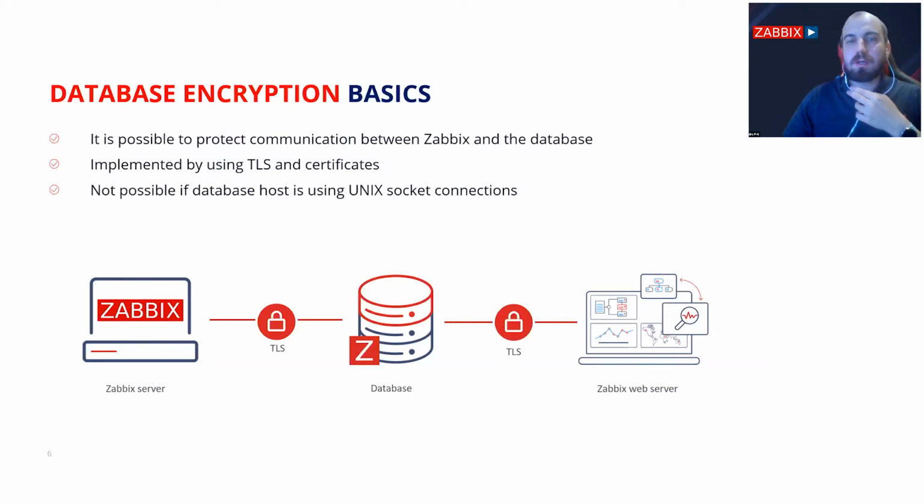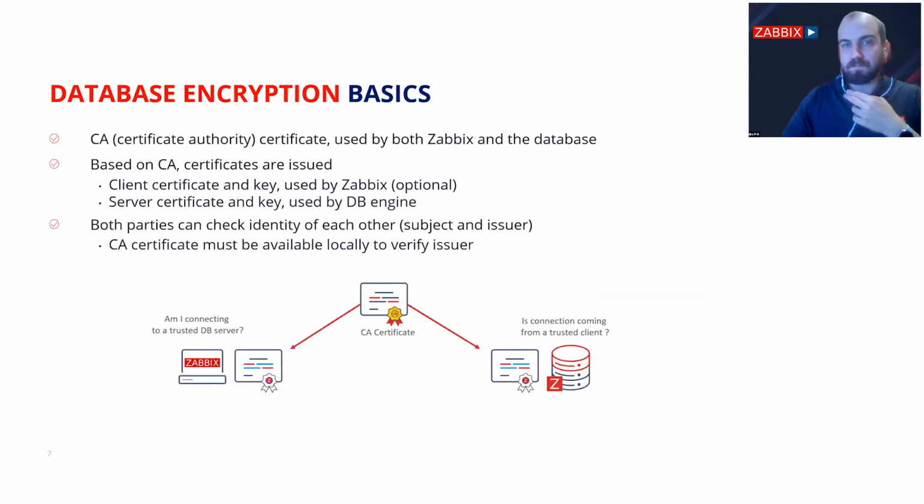But again, it's always a good idea to use two machines, for the simplest reason being you will get more flexibility in terms of scaling later on. When your environment grows, when your number of devices and metrics grows, it will be simpler to add some more resources, for example, to the database. So how does that work?